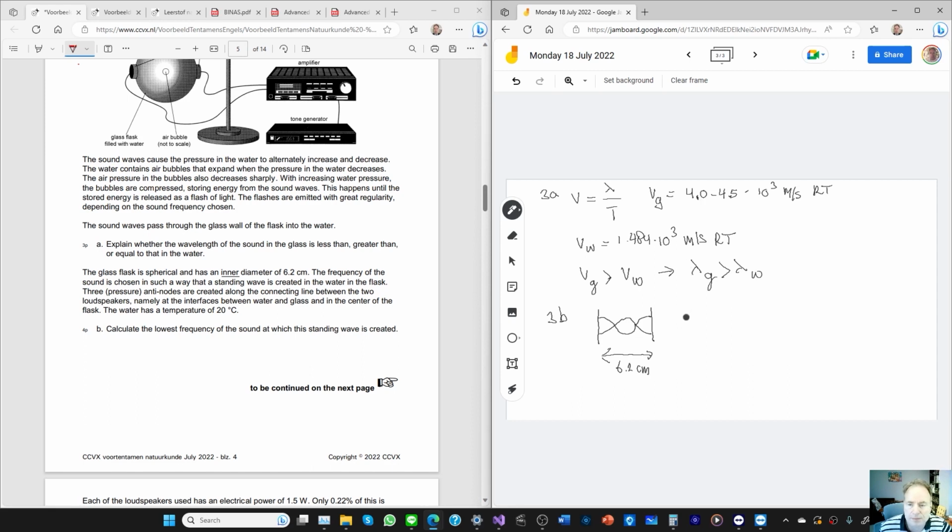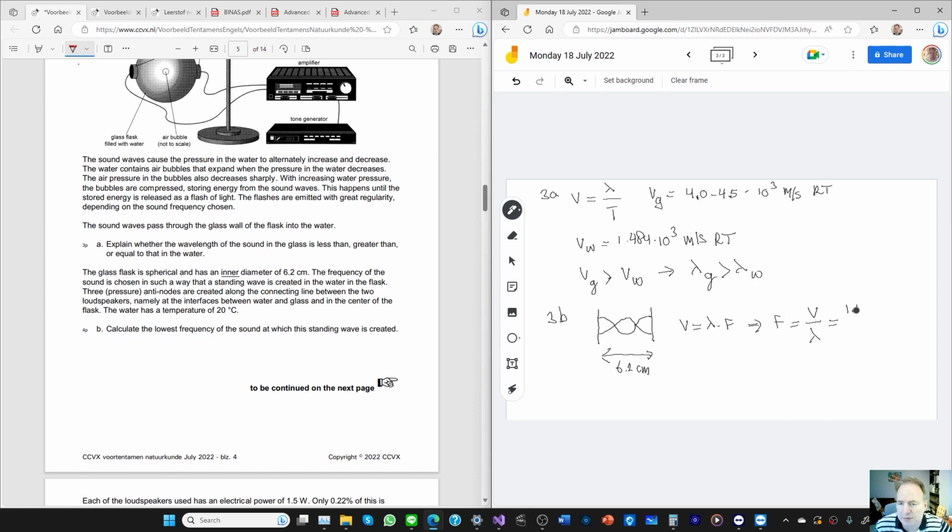And what about frequency? Well, again, I start with the equation I always start with, but I can just convert the period into frequency. So the speed is just lambda times the frequency. So the frequency is just the speed divided by the wavelength. And this is water.